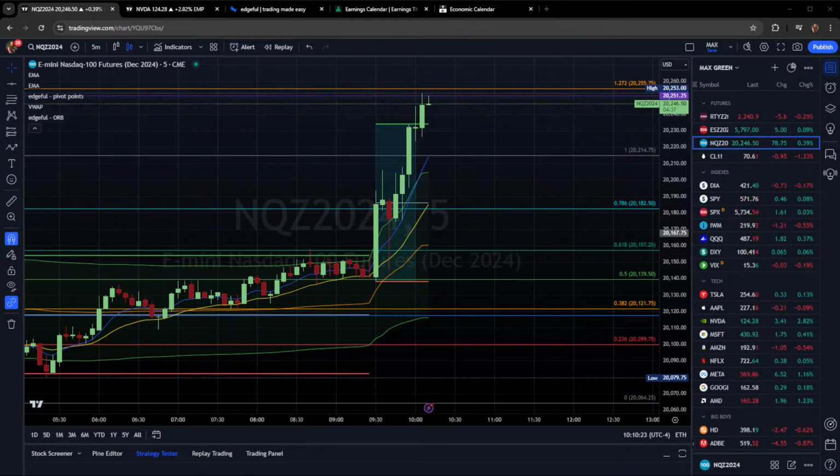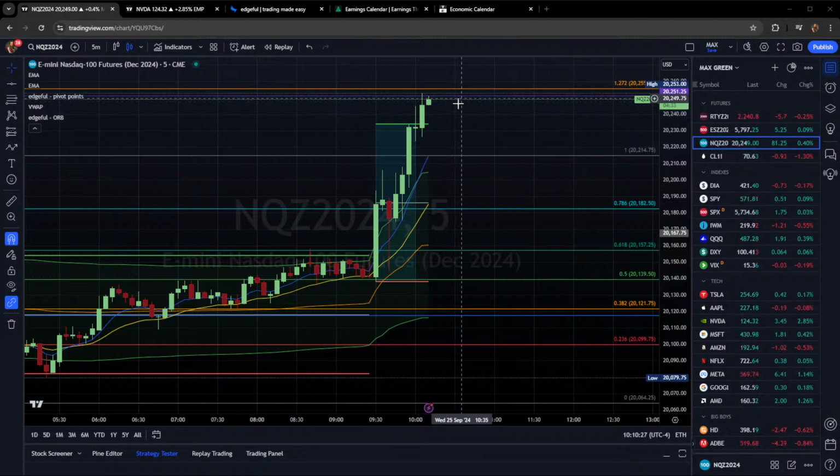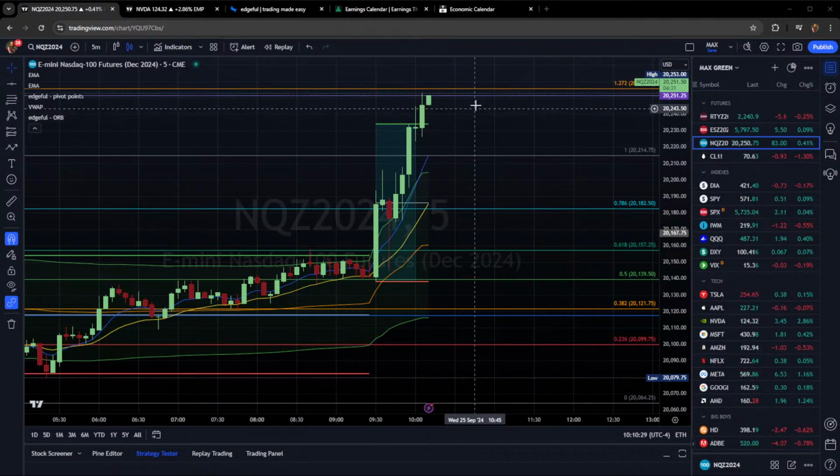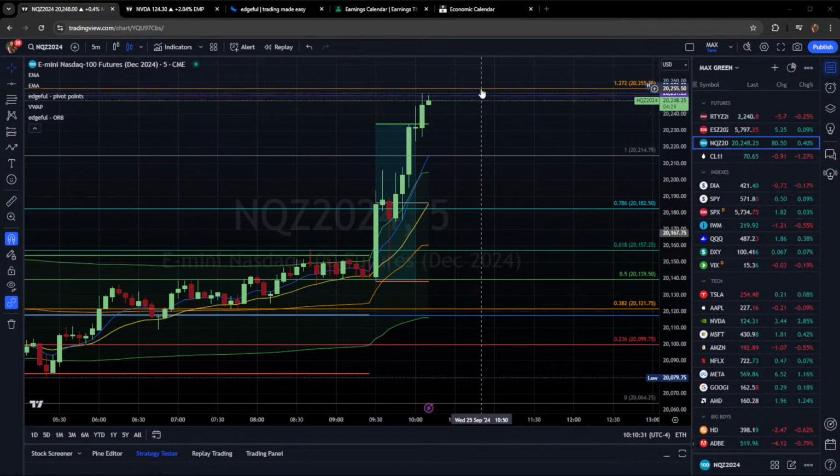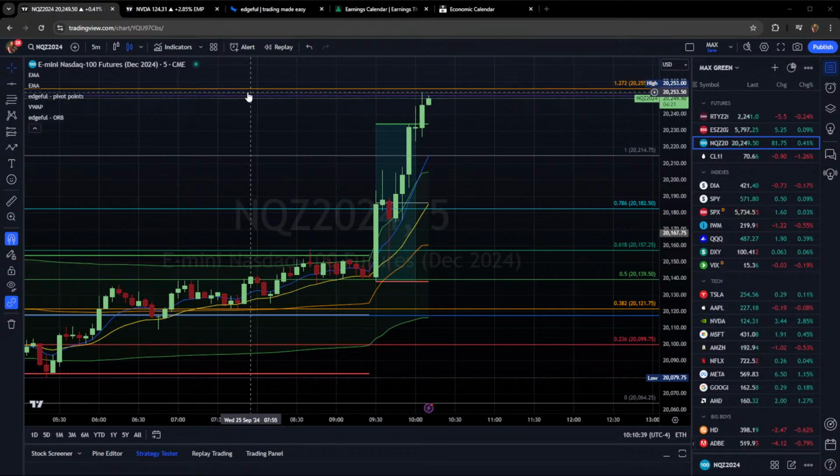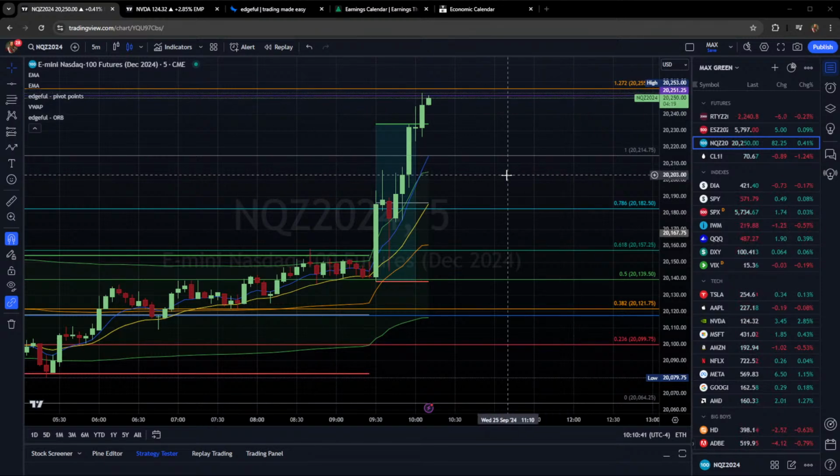How are we reacting? Look at this rejection right here. This is looking decent, but we still need a better candle than this. I think if we touch this 255, I'll add a little bit, and I'll probably have a tight stop. Yeah, I don't like trading earnings, personally.